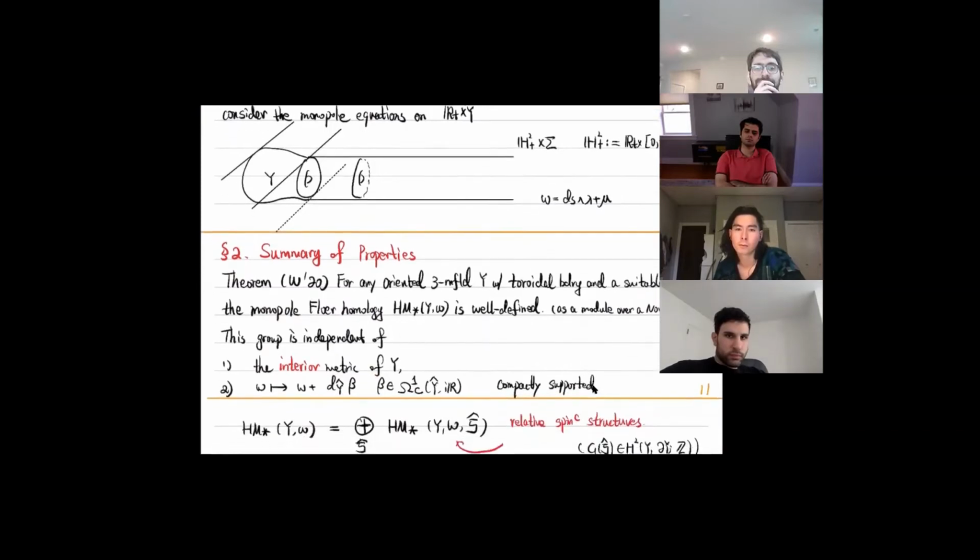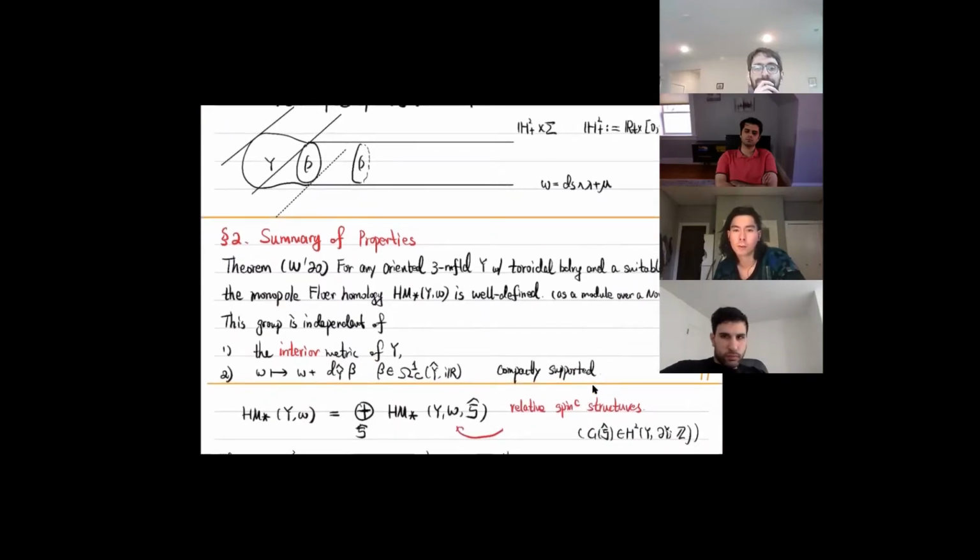And this Floer homology also carries a grading by relative spin-c structures, so you can write it as a direct sum like this. Here, a relative spin-c structure is a spin-c structure with a fixed trivialization near the boundary. So their first Chern classes now lie in the relative cohomology group of Y.